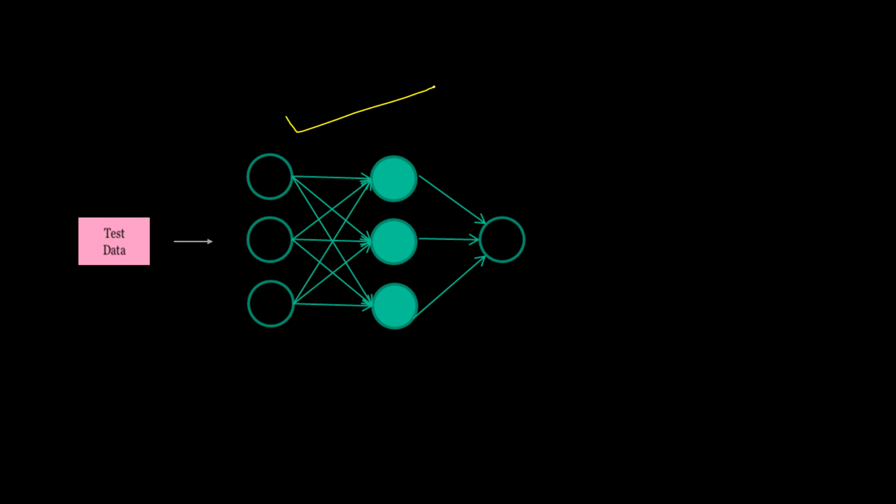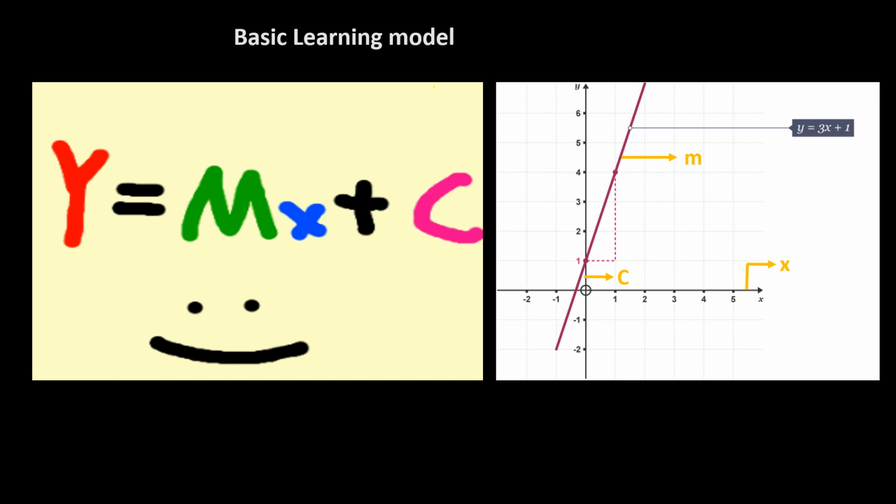Okay, so if you want to understand any learning model, of any neural network or machine learning, you just remember this equation of a line, y equals mx plus c. If you consider the supervised case, we will know x, which is the input, and we'll know y, which is the output. We'll plot all these x and y, and based on that we'll learn this line.